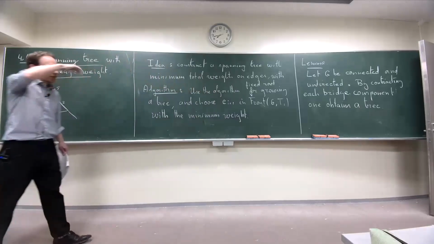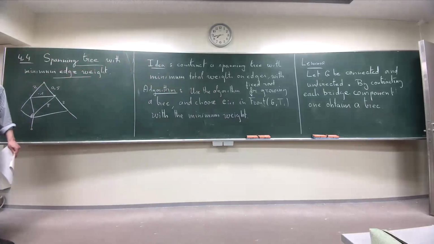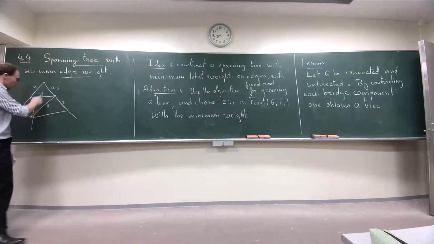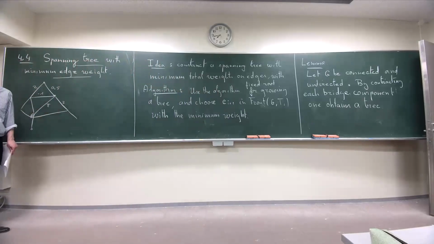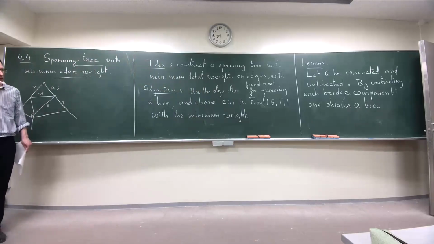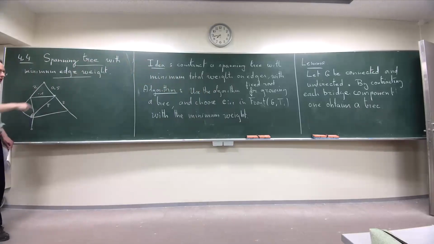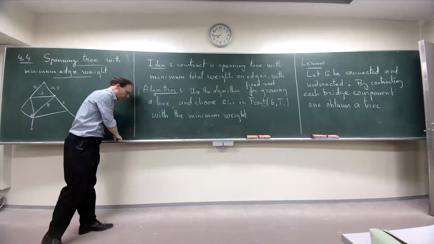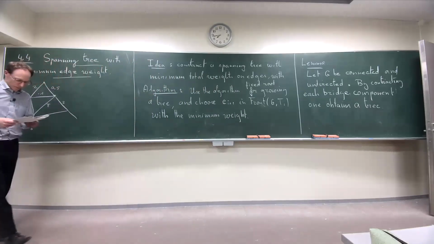So whenever you have a few edges in this set, all of them have a weight, you choose the one with a minimum, and you continue. And you check that at the end, you get the tree with a minimum total weight. It's not difficult because at each bifurcation in your tree, you took the one with a minimum. So this works. You can check. This gives you the tree with a minimum weight.